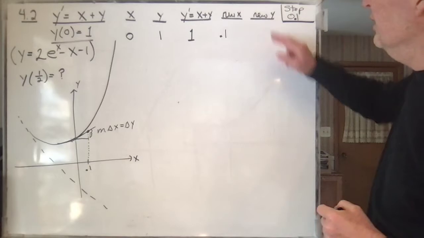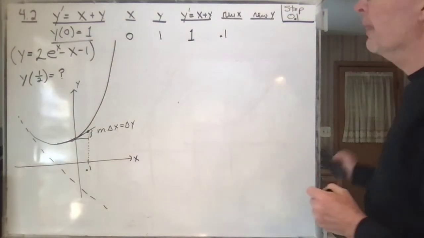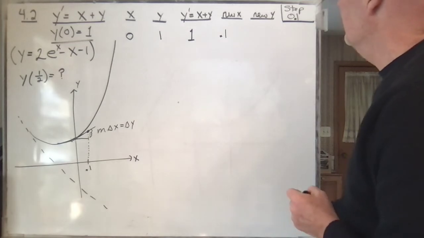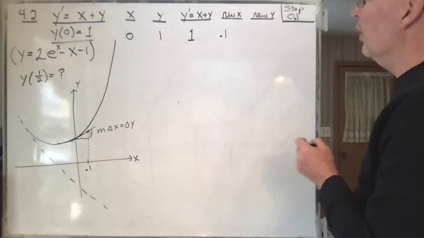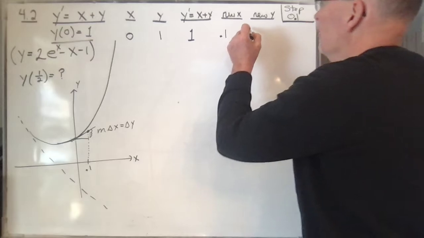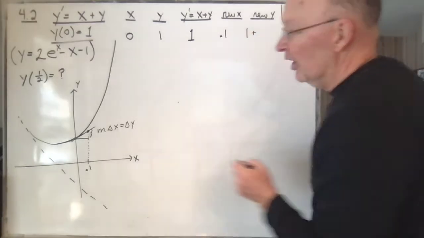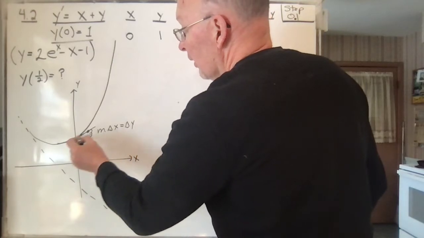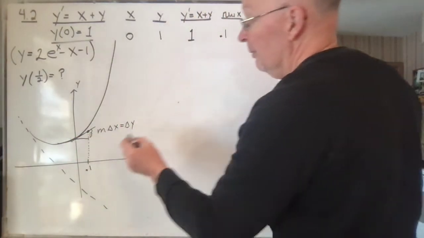So the new y is going to be the old y plus the change in y. So the old y is 1, and then the change in y is going to be the slope right there, which is 1.